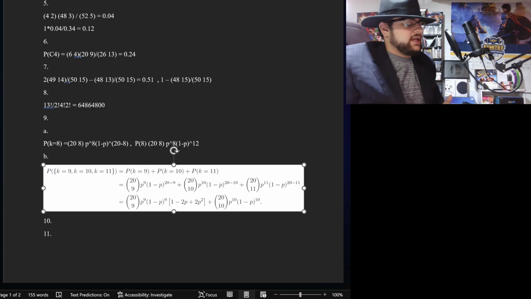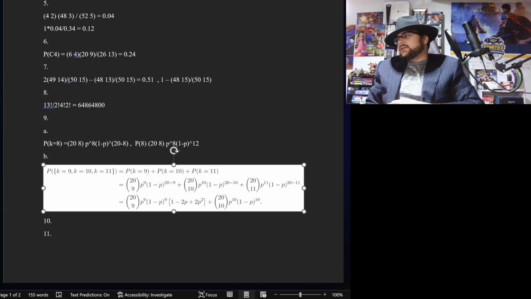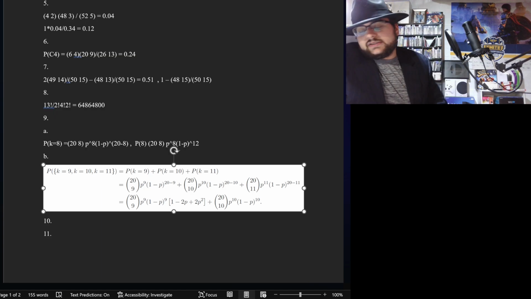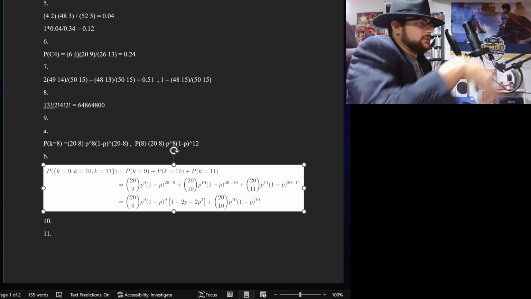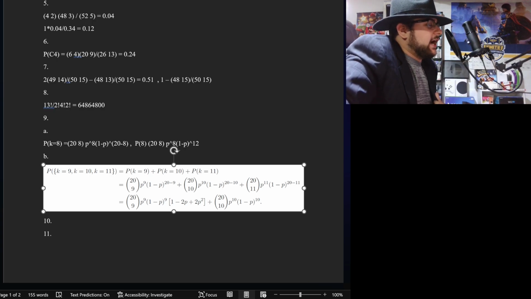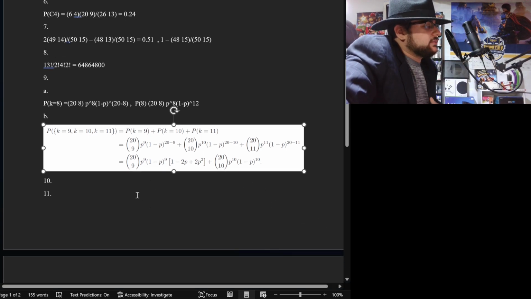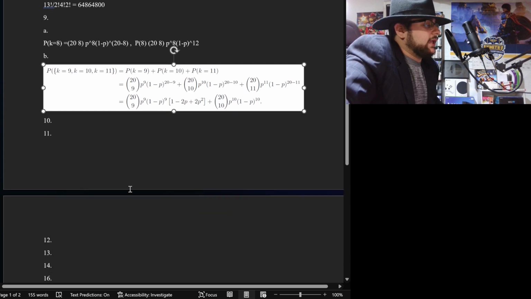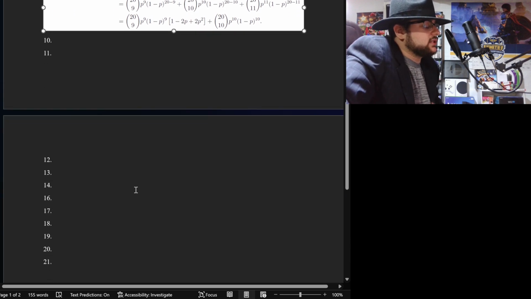You can use a summation to get this as well, but I try to avoid summations as much as possible because I hate the way calculus handles stuff.